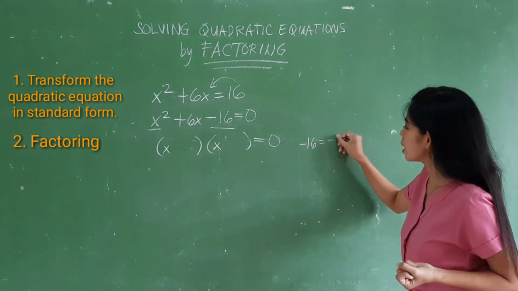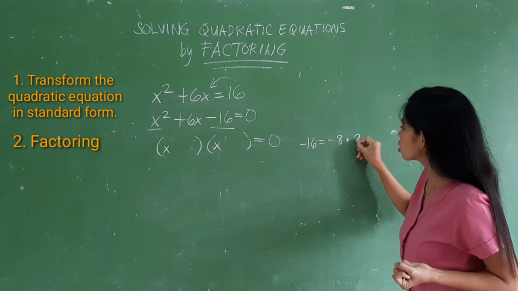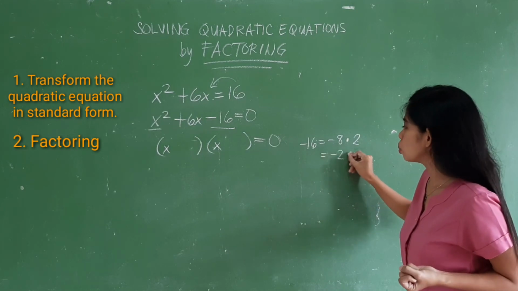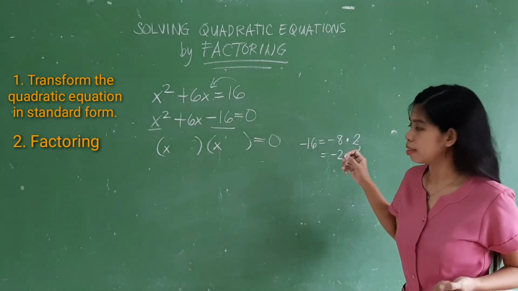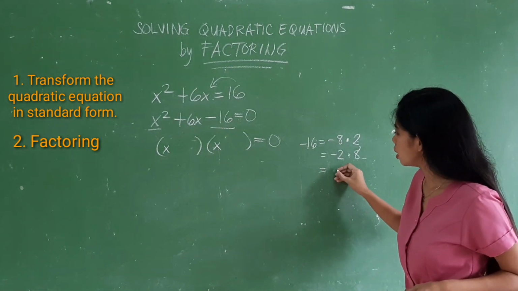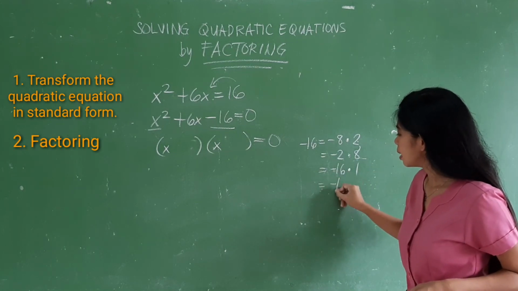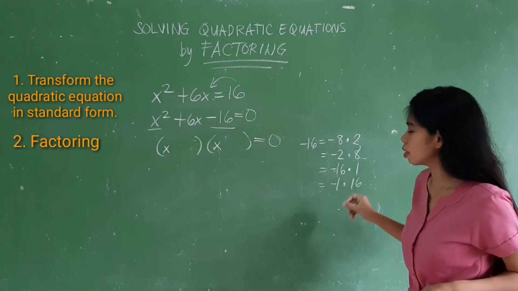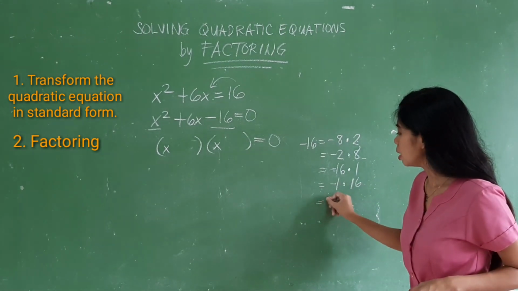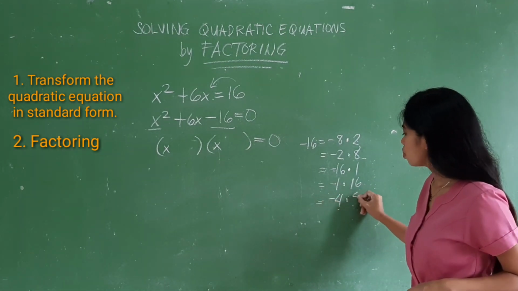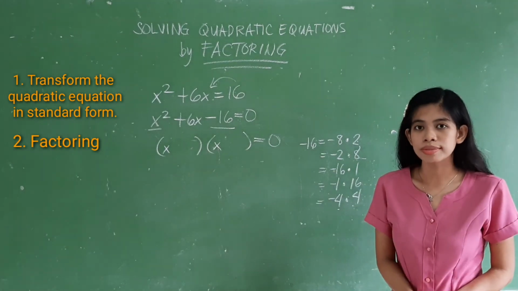So it could be negative 8 times positive 2 or negative 2 times positive 8. It could also be negative 16 and positive 1, and negative 1 times positive 16. Or negative 4 times positive 4.